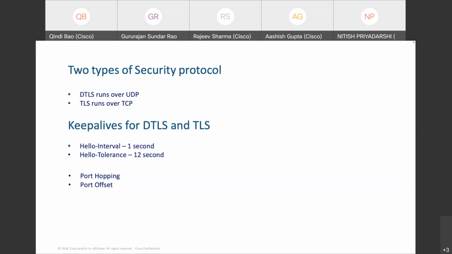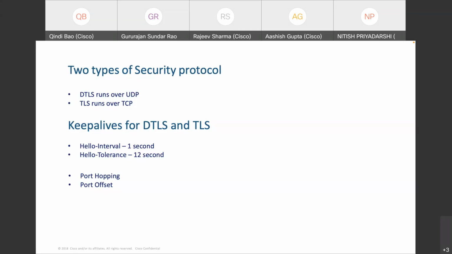We also have two important features which are enabled by default. The first one is called port hopping. This means when a particular local port for some reason has failed or cannot be used, the device will automatically hop to the next port. We have a few ports defined in our document, and they will try one by one if a failure happens.